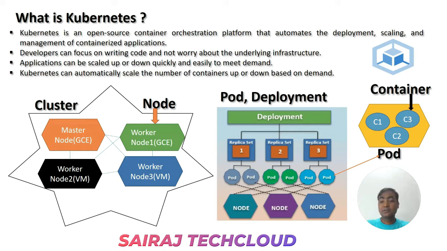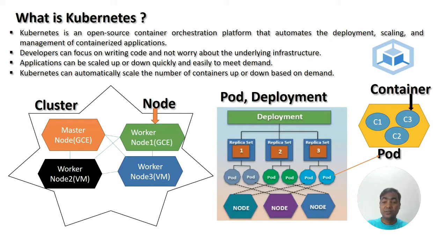Guys, Kubernetes provides a framework for managing containers across multiple hosts and automating tasks like deployment, scaling, health checks, managing the networking between containers, managing the resources used by containers, managing the storage resources used by containers, and so more.